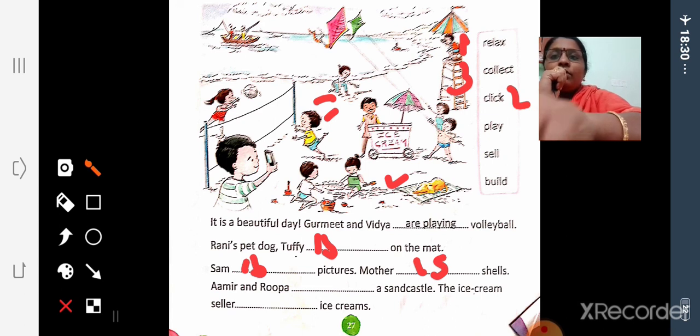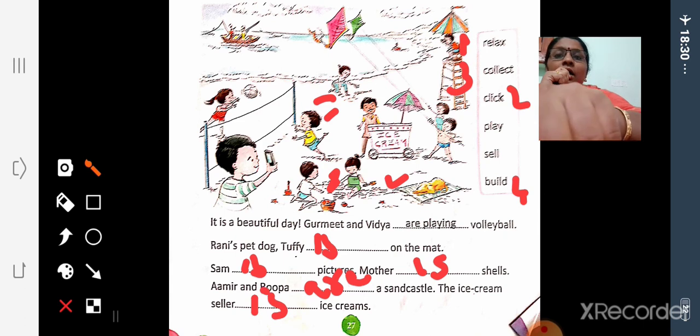So Amir and Rupa here they are building. Are is plural. So are building, BUILDING, building a castle. Then ice cream seller dash the ice cream. Ice cream seller is selling. SELLING. Last one, selling the ice cream.